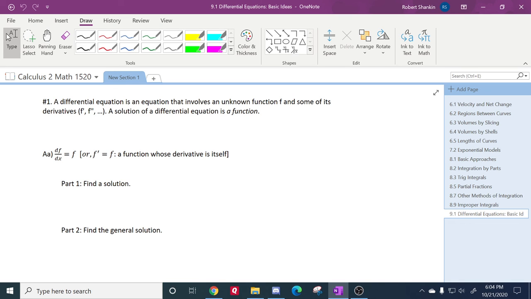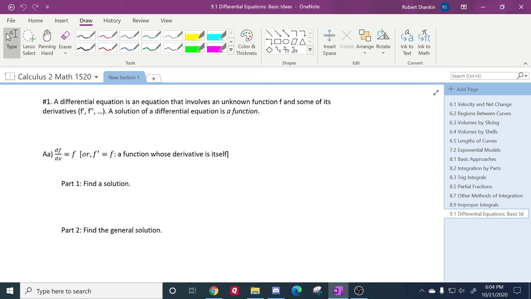Let me give you a moment to think about this on your own. You can type your answer into your group chat, but don't hit enter quite yet. Just see if you can think of a function. When you take its derivative, you get itself. Okay, and go ahead and hit enter.